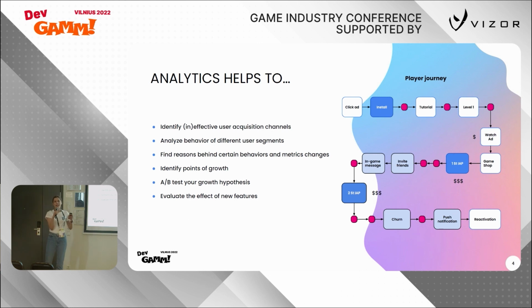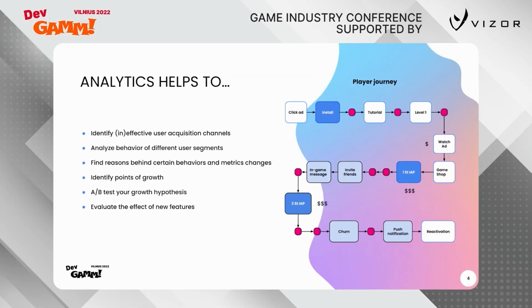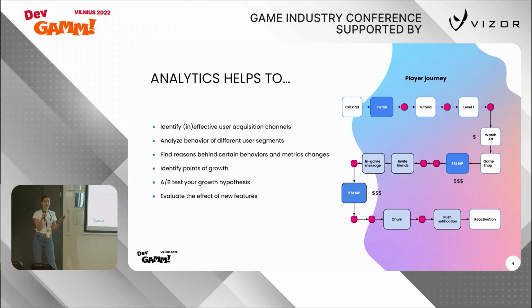Or you can analyze different behavior patterns of your users and understand why your metrics change. You can also, importantly, identify your points of growth. These are places in the game, sometimes very small, where small changes can lead to really good improvements in your metrics. And there are many more tasks that you can do with analytics, but to do them, you need a product analytics platform, right?